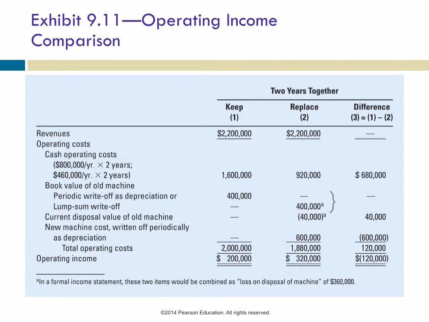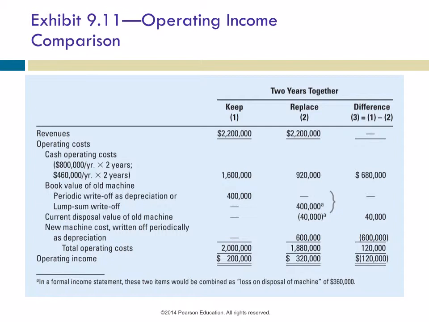So in our decision-making process, we're looking at the full cost of the item. If we only look at 1 year's worth of information, then that full cost of the item weighs very heavily against investing in new equipment.